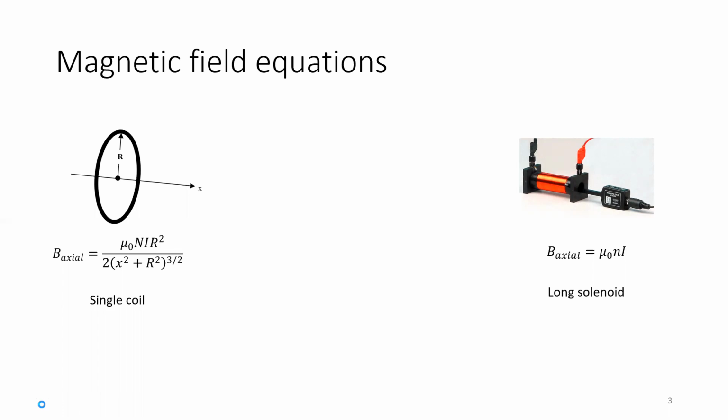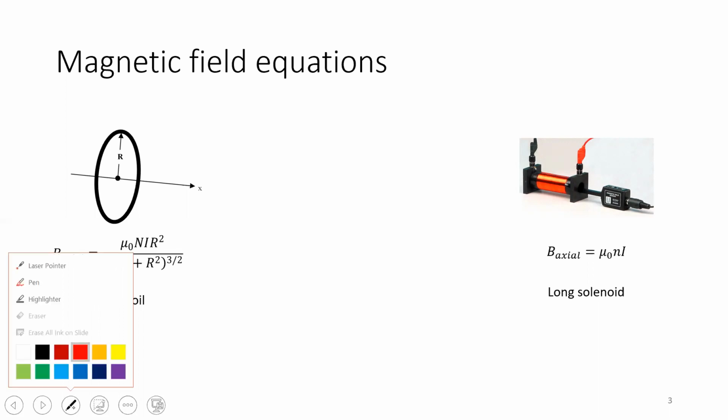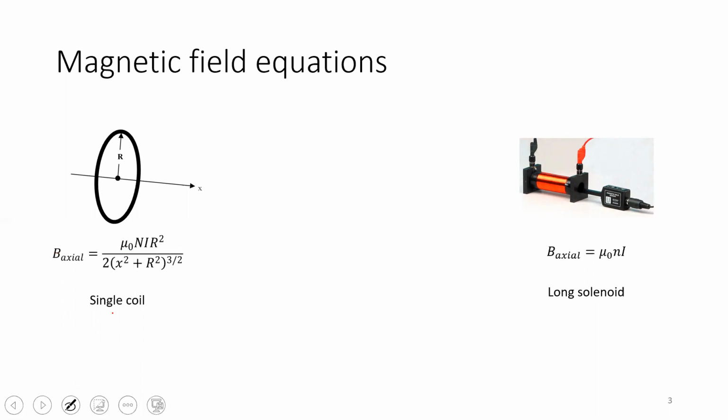So you've probably seen in your class this equation to the left-hand side for a single coil or a collection of coils, if you have 2 or 3 or 10, N collection of coils. You're going to have an axial radial field. So in this drawing, it's along the x-axis. That's the axis of the coil.